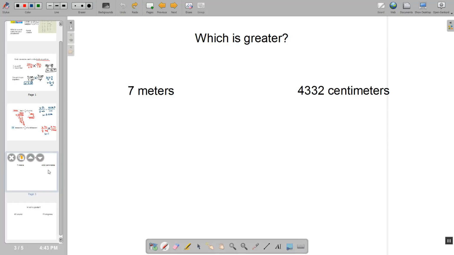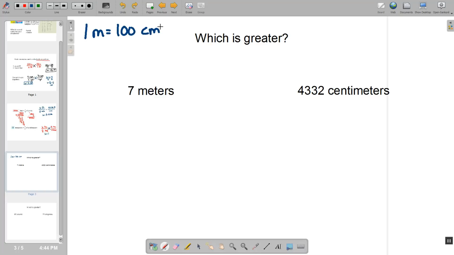So now we get to problems where we ask questions like, which is greater, which is bigger? So we have to convert between meters and centimeters. In this example, we need a conversion from meters to centimeters. I can convert centimeters to meters or meters to centimeters, it doesn't matter. Personally, I am going to convert this to centimeters because I know that the word centa means 100, like century or cents of a dollar.